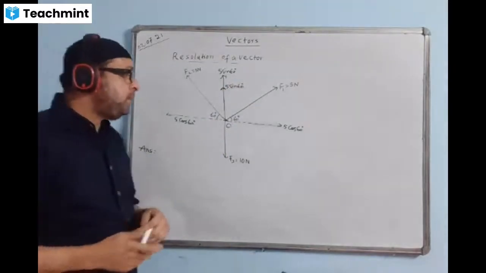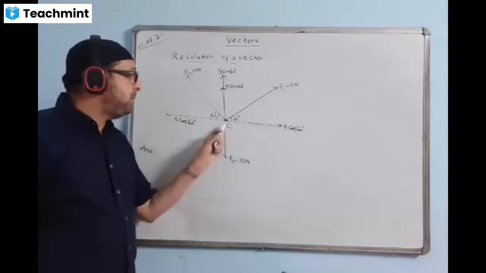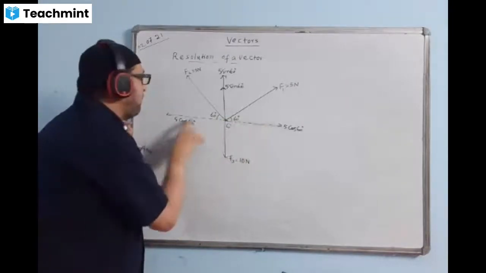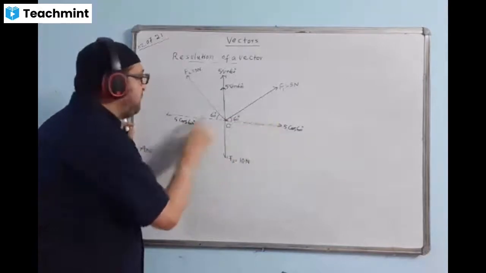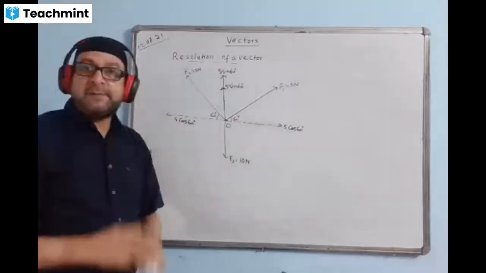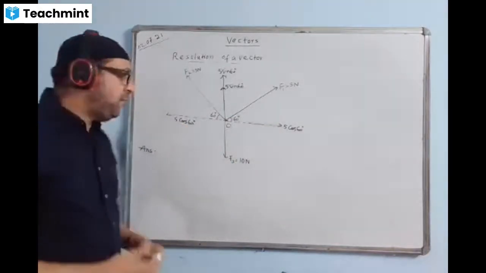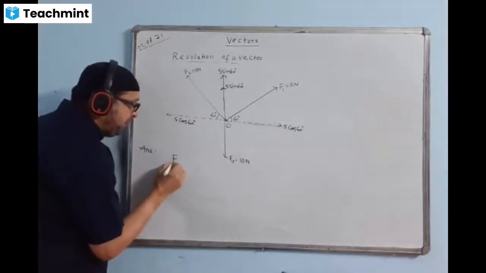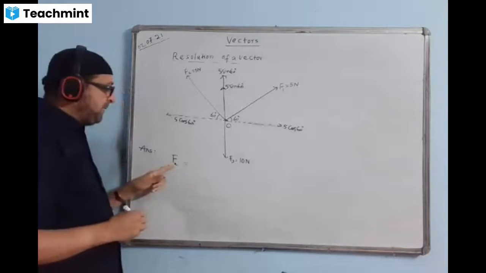Now we will see these components and find the resultant. These two are in opposite directions, which means the resultant of these two will come by the subtraction method. We write the force in the horizontal direction as Fx, meaning along the x-axis.